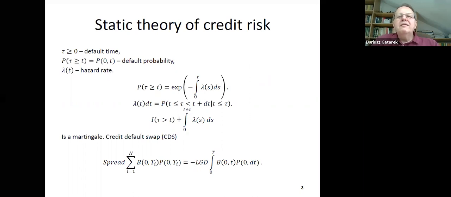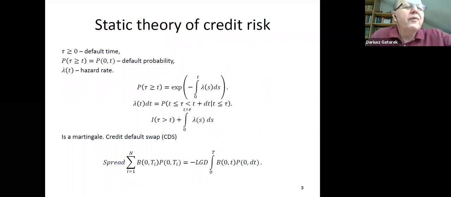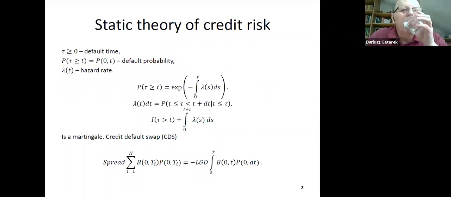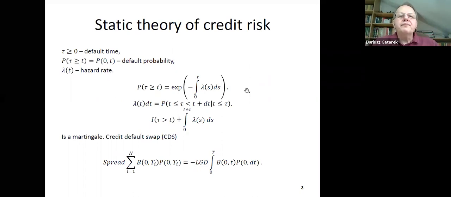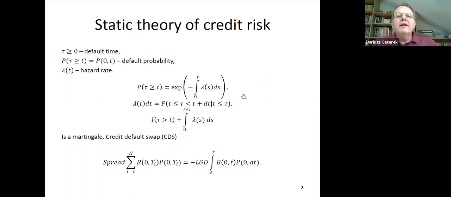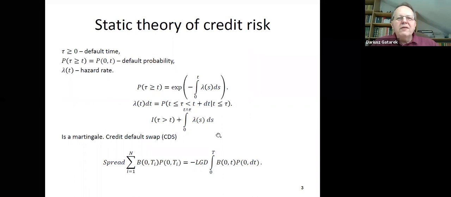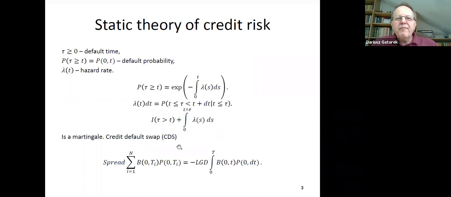And the simplest but most popular credit risk instrument is called credit default swaps.